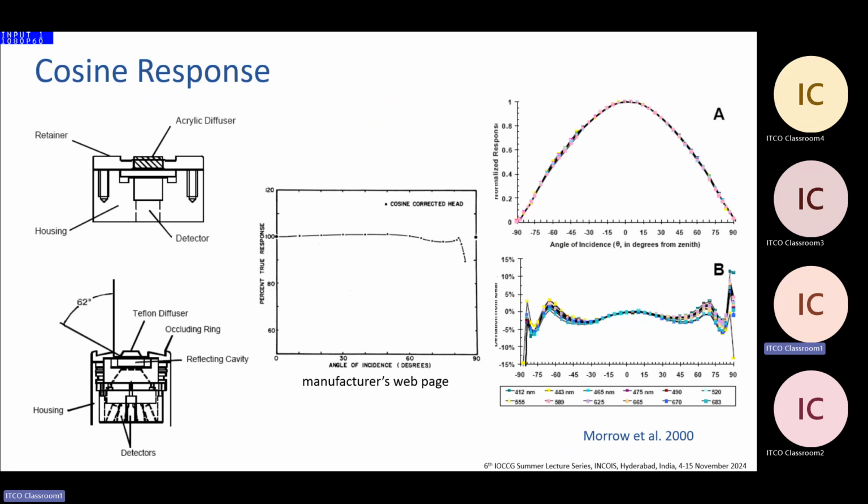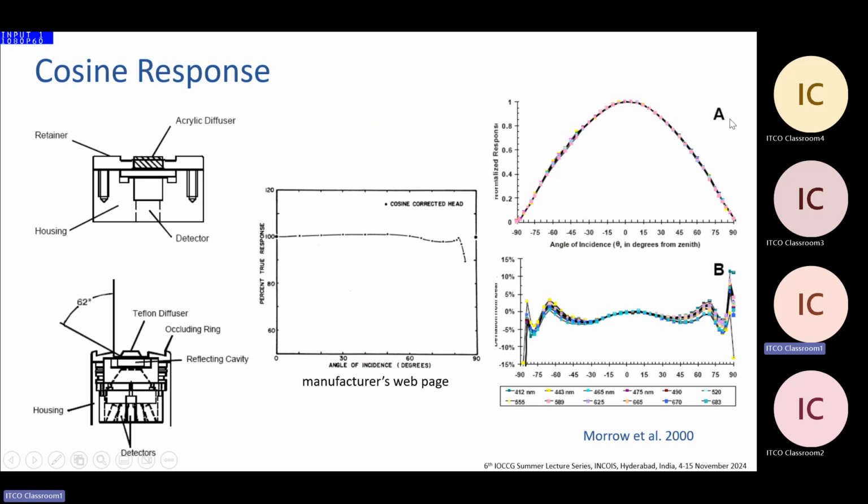One of the important parameters that Matt mentioned and which needs some characterization as well is what we call the cosine response for the irradiance sensors. This tells you that the response is going to change with the incident angle of the radiance coming into this diffuser. So it all depends again on the material and the shape you give to this sensor and whether you are going to put this in air or in water.